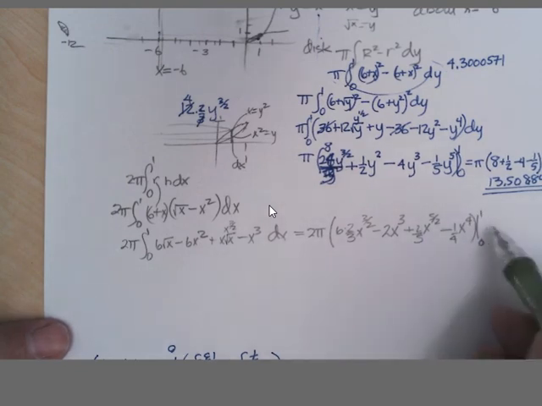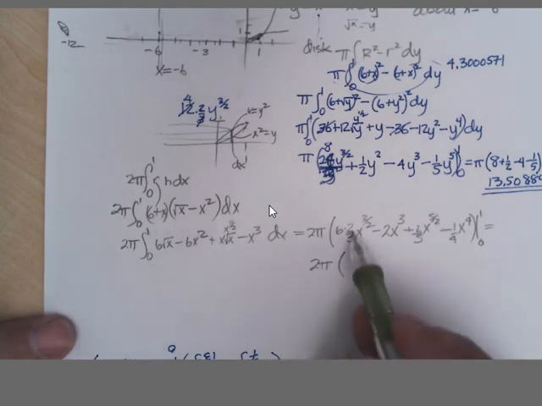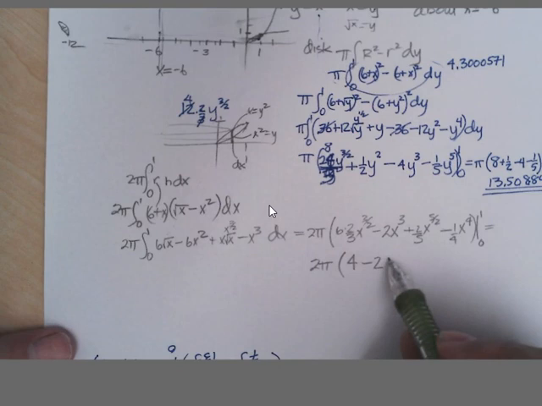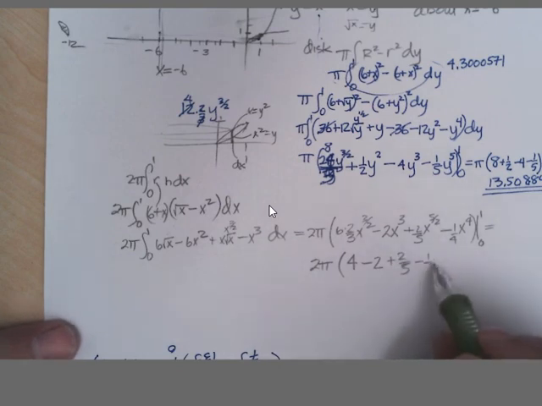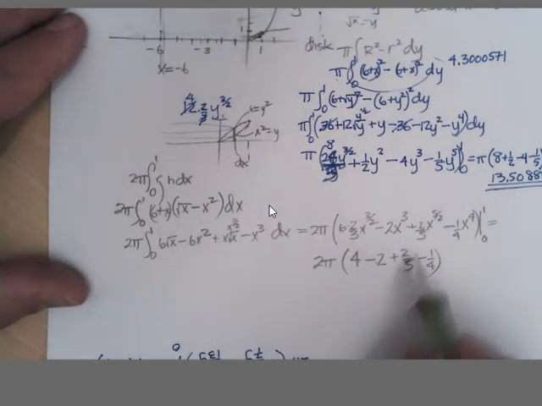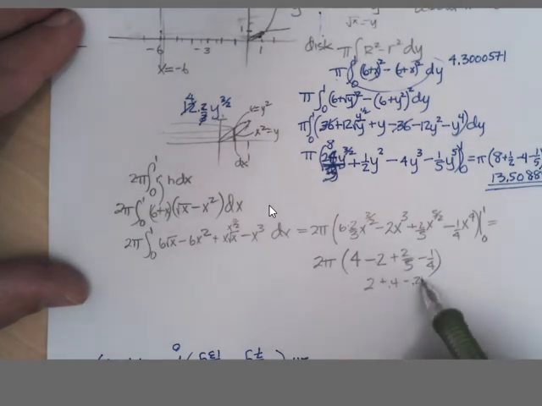The 0 is not going to give me anything, so we're going to get 2 pi. 3 goes into 6 twice, times 2 is 4, times 1, minus 2, plus 2/5 minus 1/4. 4 minus 2 is 2. 2/5 is plus 0.4. 1/4 is minus 0.25.